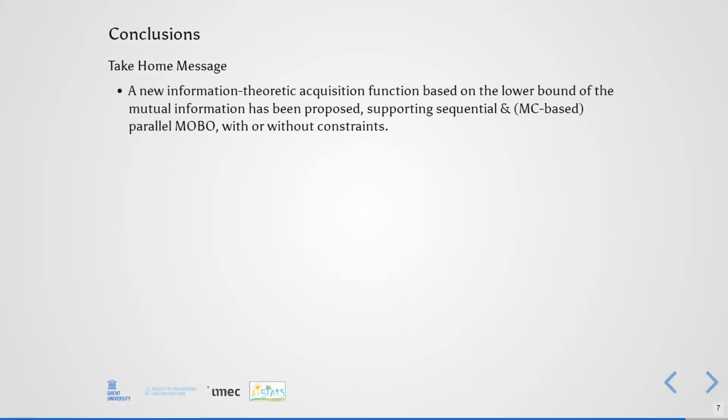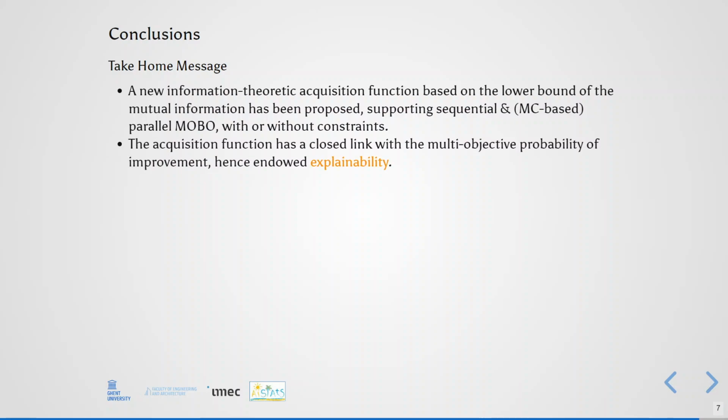So the take-home message is that we introduce a new information-theoretic acquisition function based on a lower bound of the mutual information. It supports sequential and Monte Carlo-based batch queries for multi-objective Bayesian optimization, with or without constraints. The acquisition function also has a close relationship with the multi-objective probability of improvement, hence it offers nice explainability.